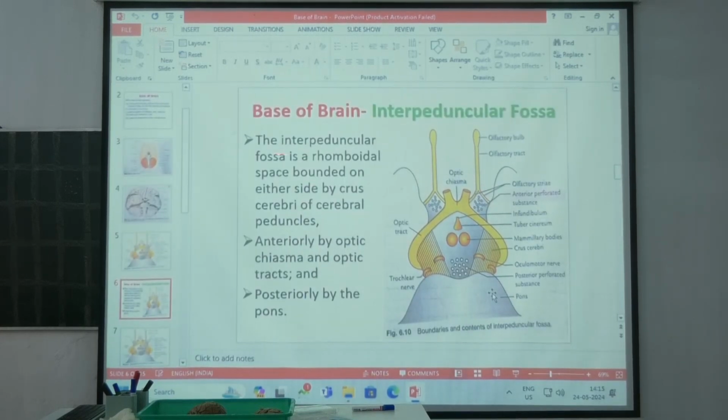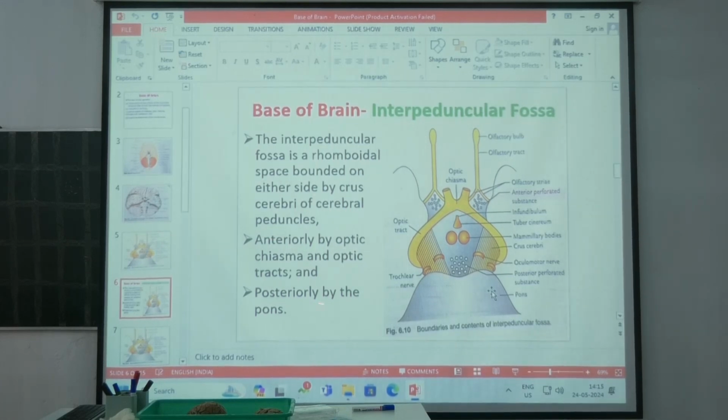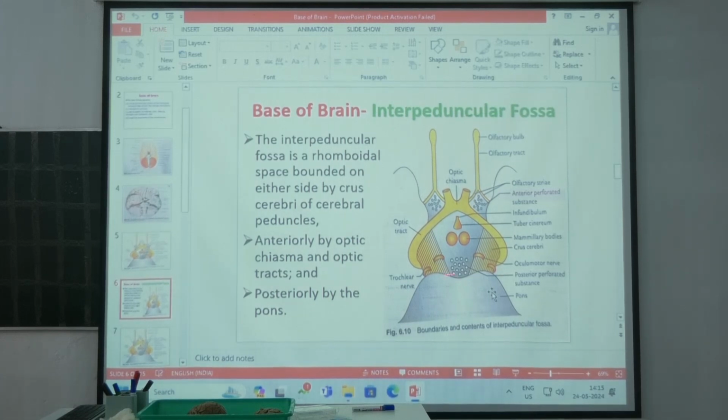So an important structure of the base of the brain is the interpeduncular fossa. The interpeduncular fossa is a rhomboidal space bounded on either side by the crus cerebri of the cerebral peduncles, anteriorly by the optic chiasma and optic tract, and posteriorly by the pons.